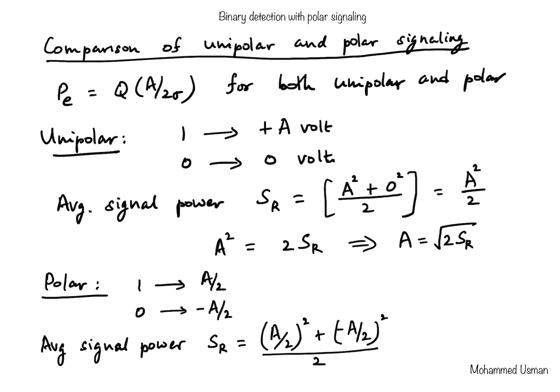So that gives us the average signal power for polar signaling, and that turns out to be equal to A square by 4 plus A square by 4 divided by 2. We'll get it as A square by 4.